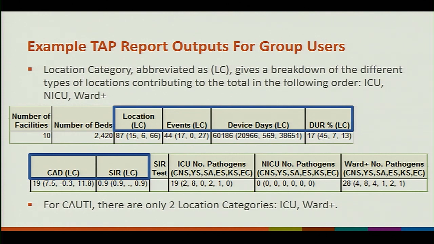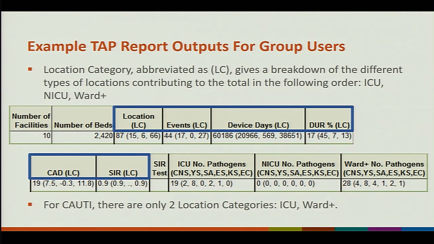Within that, there's going to be a location, events, device days, DUR, CAD, and SIR location category breakdown that tells us for CLABSI and CAUTI how many of our locations are ICU, NICU, or ward. For CLABSI, or rather for CAUTI, just ICU and ward.